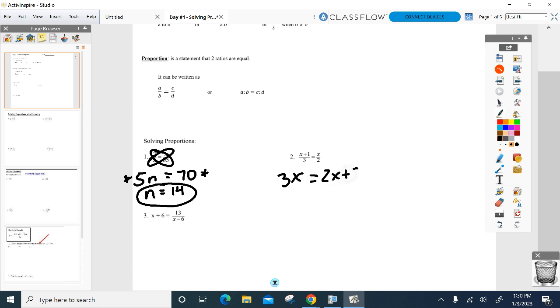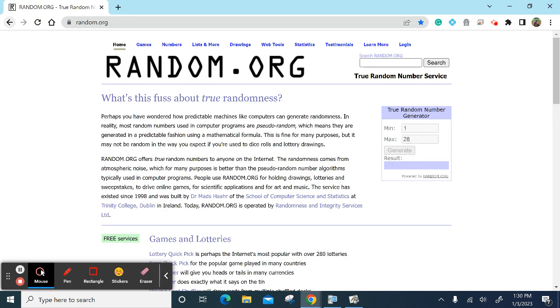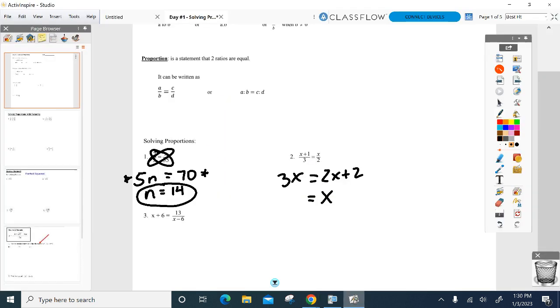Perfect. Make sure it's plus 2, not plus 1. And those can be flip-flopped. That's fine. Maybe you cross multiplied the other one first. Now go ahead, solve for x. Let me know what you get when you solve for x. 2. Yep.